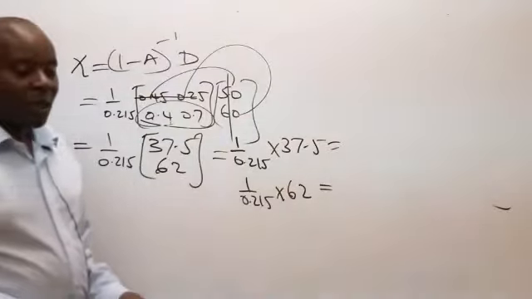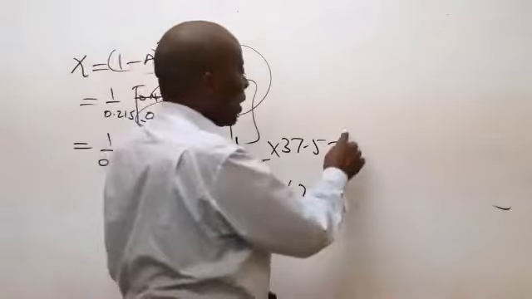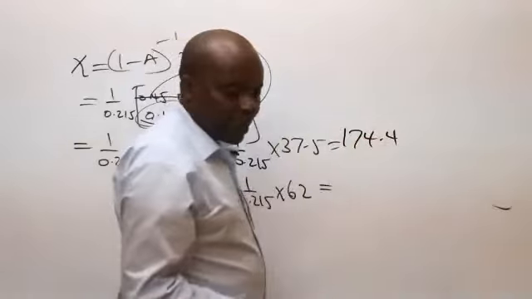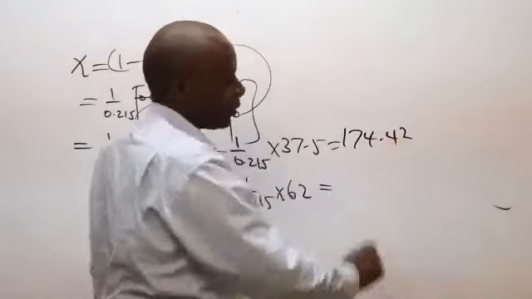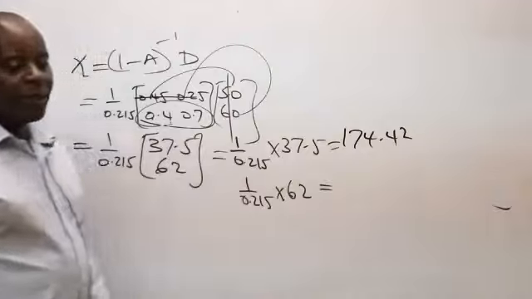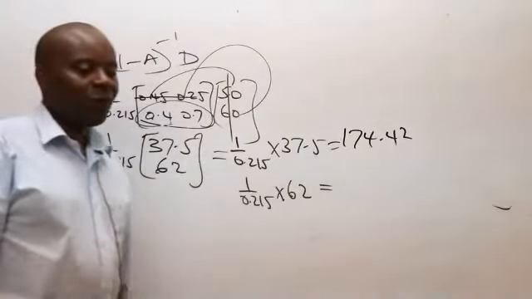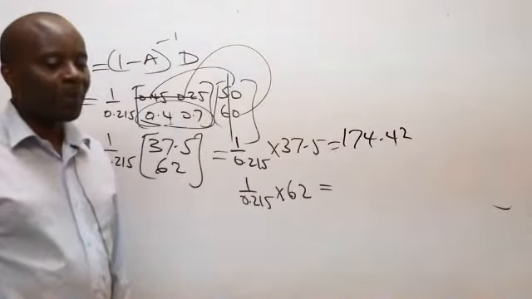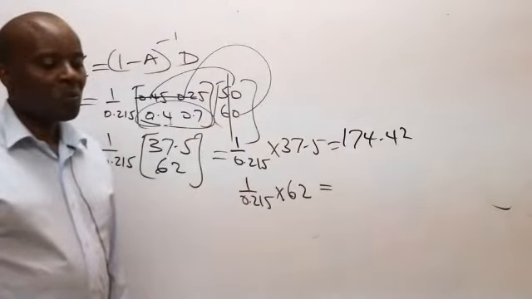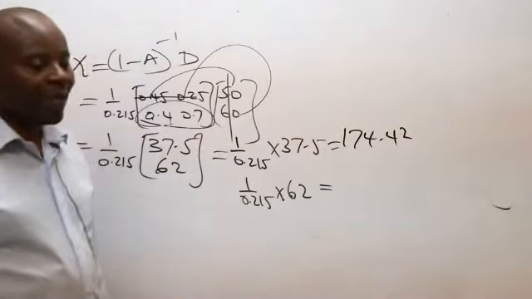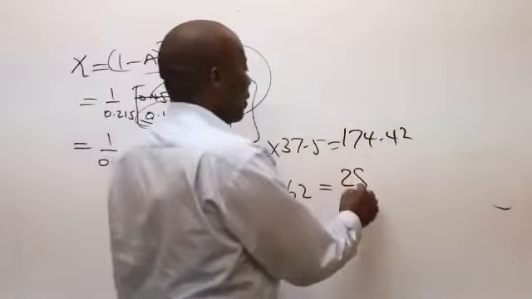So according to the calculator, the first one should be 174.42 to two decimal places, and the second one 288.37.